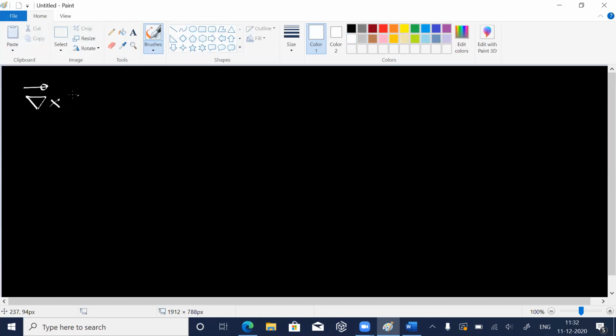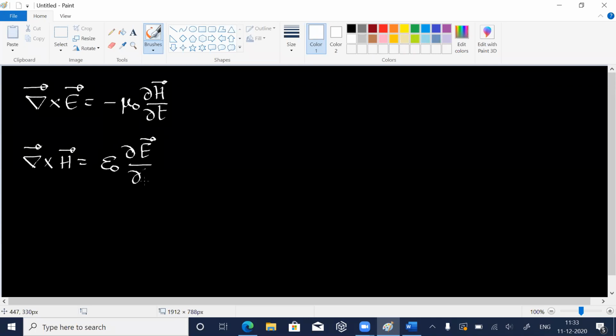So again, let me rewrite these equations. Curl of E is equal to minus mu naught dou H by dou t. And curl of H is equal to epsilon naught dou E by dou t.